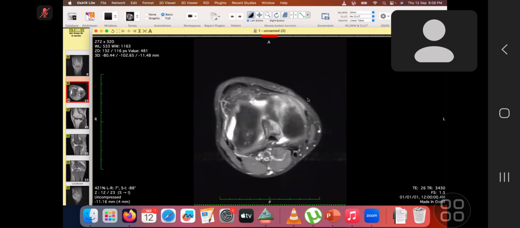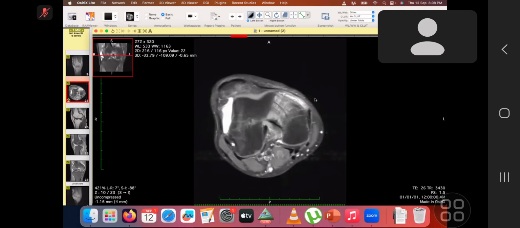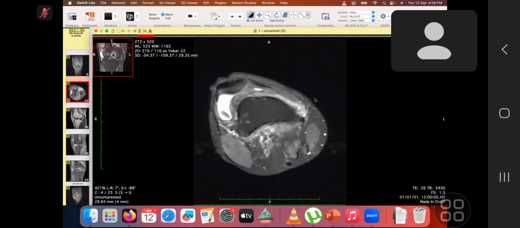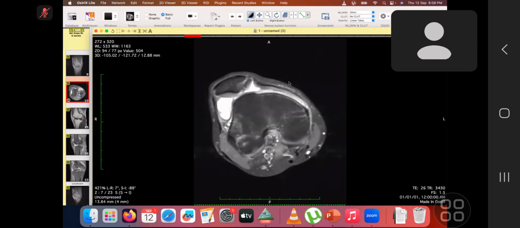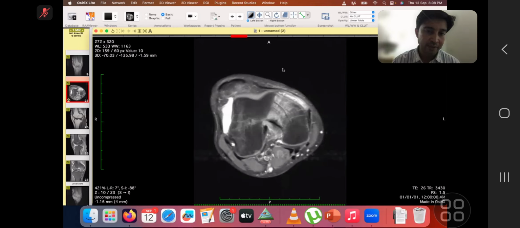Can I see the other sequences? Which sequence do you want to see? I want to see the proton density, surgical, and coronal T1. Just one second. Let me show you.